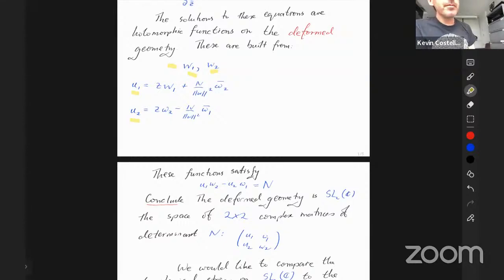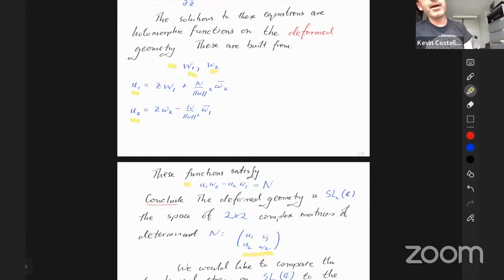So we conclude that the deformed geometry is that defined by this equation. We can think of this as the space of 2 by 2 matrices, with column vectors u1, u2 and w1, w2, whose determinant is n.